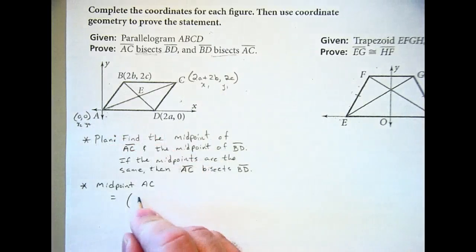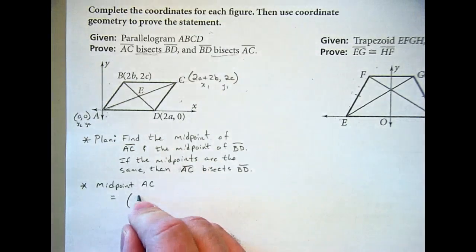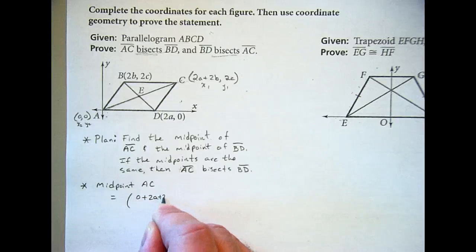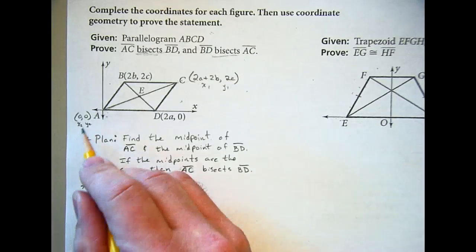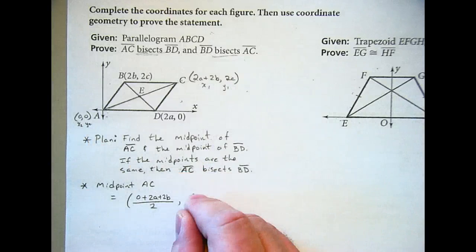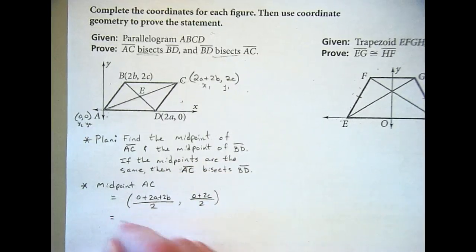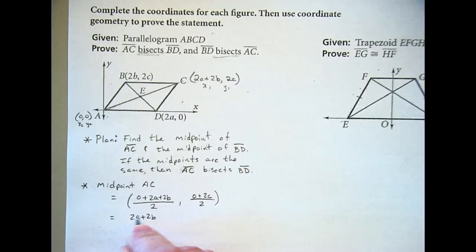I know they look weird, but we have x2 plus x1, or we just add them up, so we get 0 plus 2a plus 2b, all over 2. And our y-coordinate, 0 plus 2c, all over 2. If we simplify it, it gives us 2a plus 2b over 2, comma, 2c over 2.